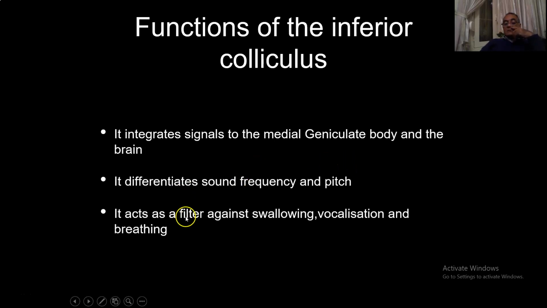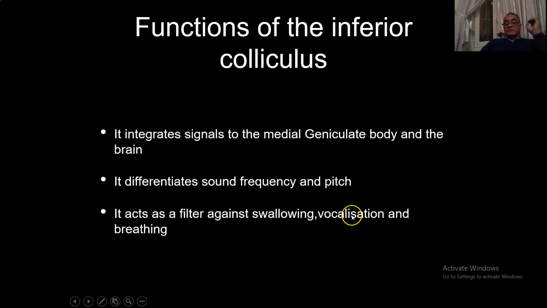Also it acts as a filter against swallowing, vocalization, and breathing. Imagine if every breath, every swallowing, and every talk is transmitted from your body to the ear. This will be hell.